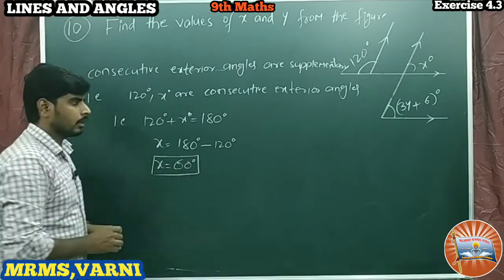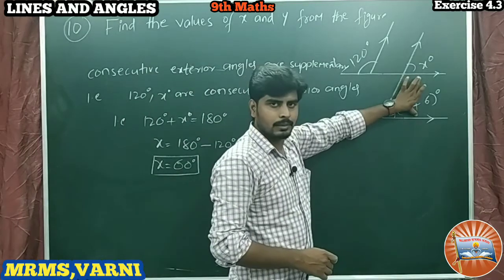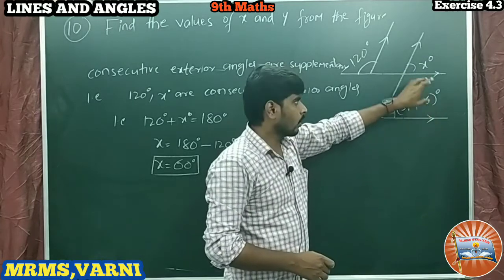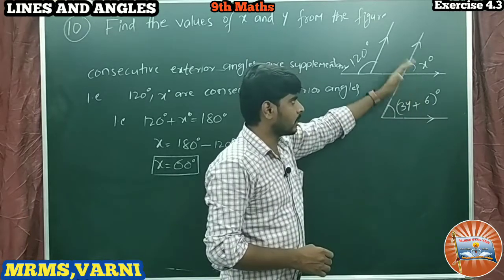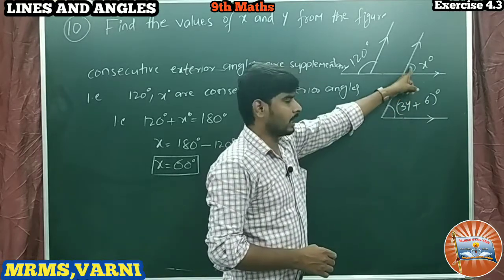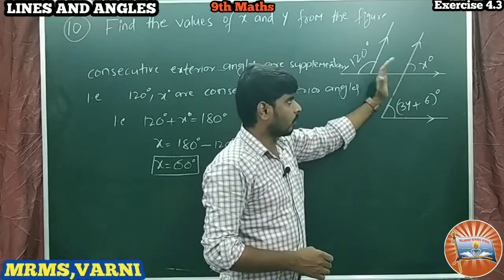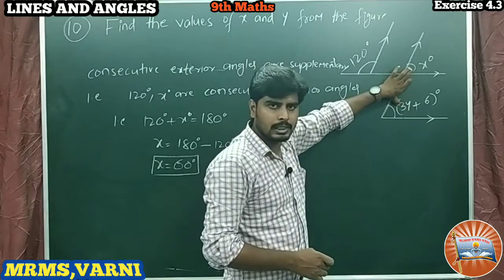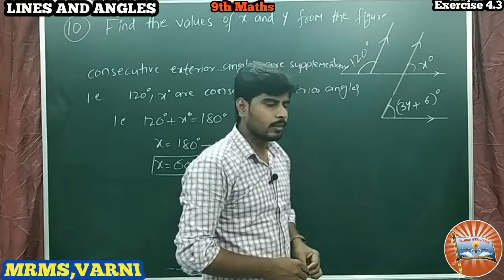Okay. Right. Let us come to the figure. So if these two are parallel lines, x degrees and this 3y plus 6 degrees are corresponding angles, isn't it? These two are parallel lines. This is a transversal. One is an exterior angle and one more is an interior angle, and they are lying on one side of the transversal. So we can call them corresponding angles. So corresponding angles in parallel lines are equal, isn't it?